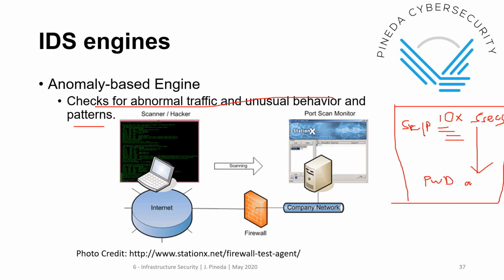A password attack can be a brute force attack or dictionary attack, I don't know. But we're sure that this is not done by humans. There might be an automated script that does that. So I have to tag it and report it as an anomaly. That's the example application of the anomaly-based engine of the IDS.